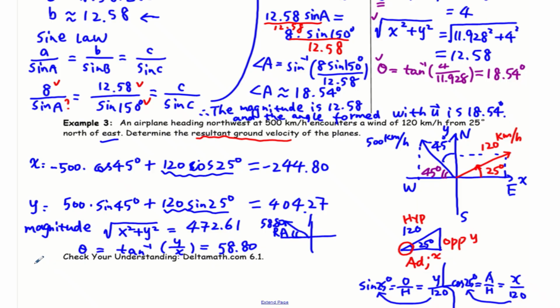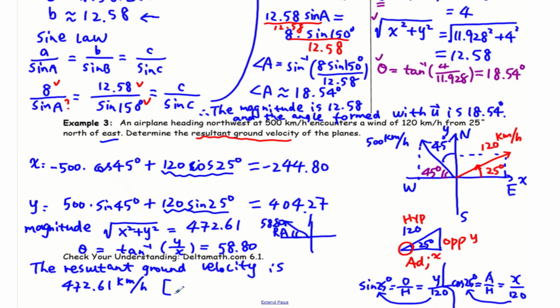Okay, so the resultant, the sum of the two velocities, is 472.61 kilometers per hour.